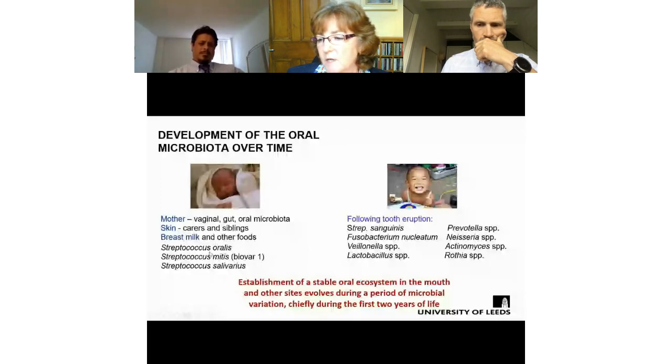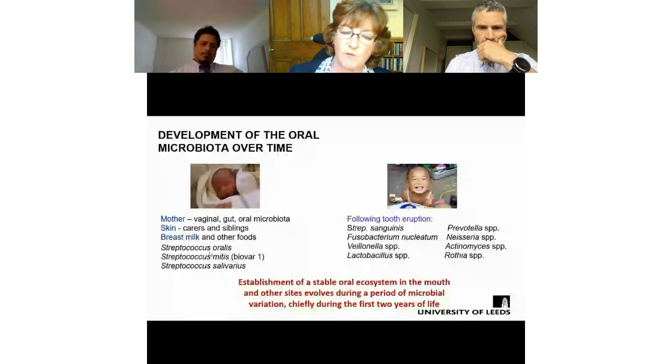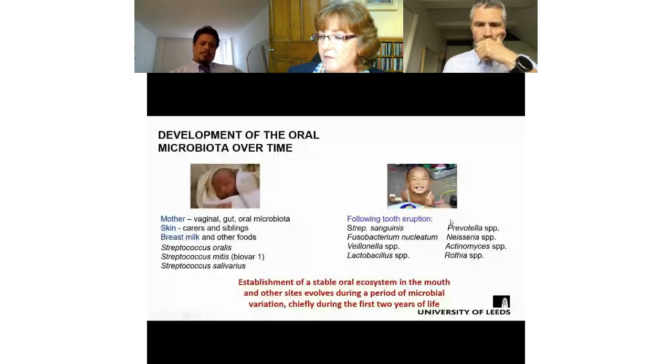So you get organisms that colonize mucosal surfaces. So again, a lot of streptococci, but that will change once you get the eruption of teeth. So you get the generation of those other sites that the teeth provide, and you get greater diversity and colonization by organisms that inhabit that variety of sites.